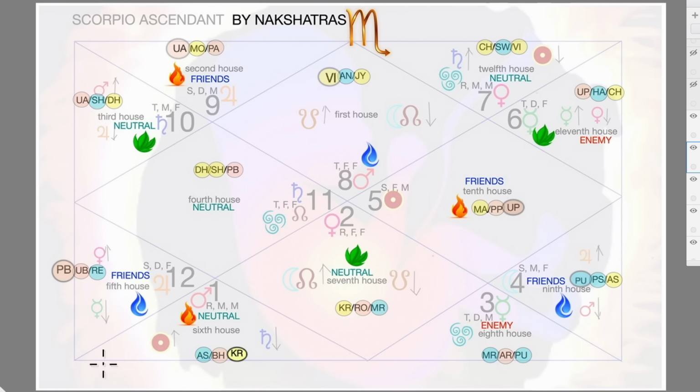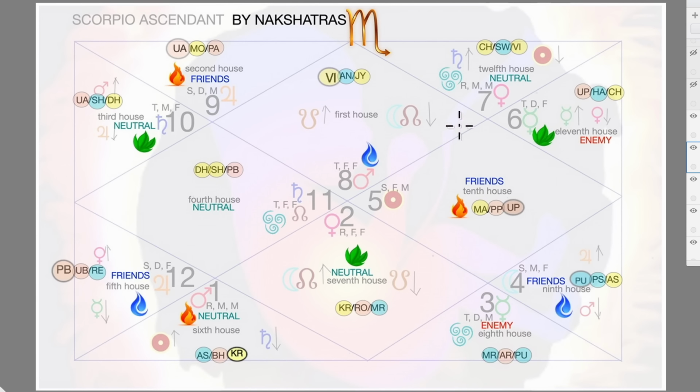So picking new tasks, complaining that it does not work as far as I'm concerned, that kind of attitude belongs to Scorpio. Okay? And they have to take time for themselves, Scorpio ascendants. Because now there's 8th house, the house of long-term diseases sitting here, and you're always initiating new stuff.